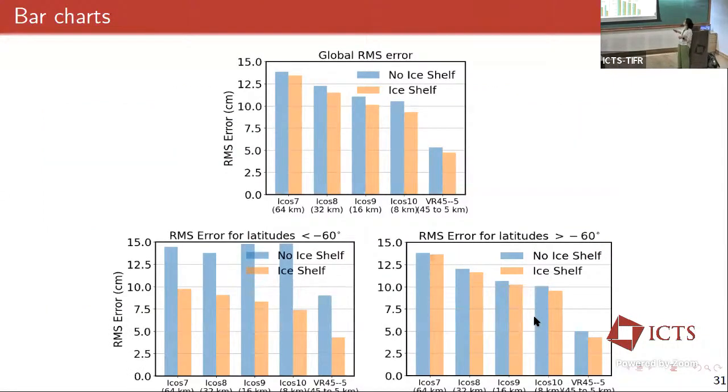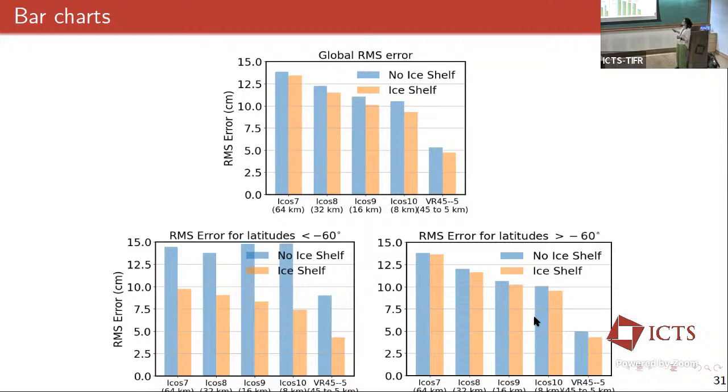And these are some bar charts that I have. These are the global root mean square errors, all in centimeters, for various meshes. This is the highest resolution mesh that we studied. And this is a comparison between no ice shelf pressure and ice shelf pressure.